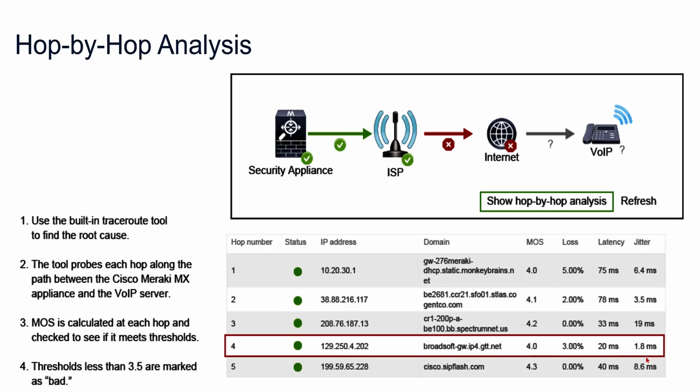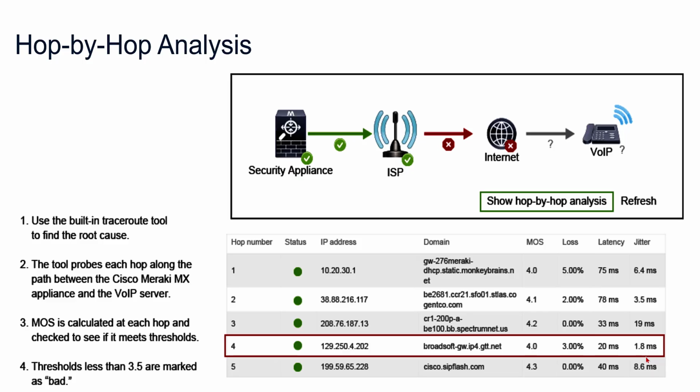All right. Now, here's where things get really powerful. Up to now, VoIP health is basically telling us there is a problem somewhere along the path. But this feature, this hop-by-hop analysis, tells us exactly where the problem is. So we're going from general visibility to pinpoint accuracy.